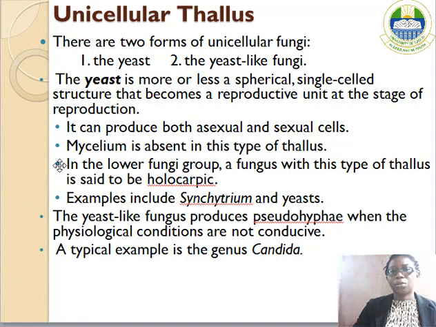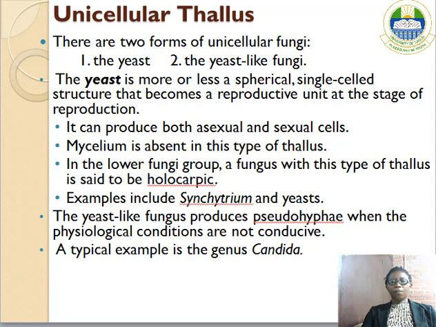It can reproduce both asexually and sexually by either budding or fission. The mycelium is typically absent in this type of thallus. In the lower fungi group, a fungus with this type of thallus is said to be holocarpic. Examples include Synchytrium and the yeast.